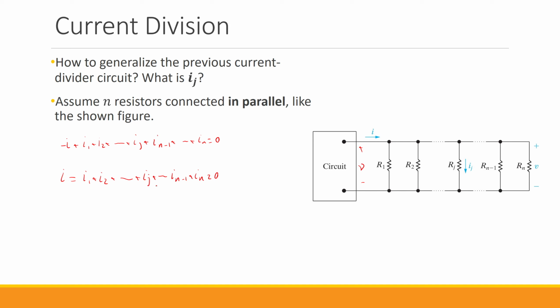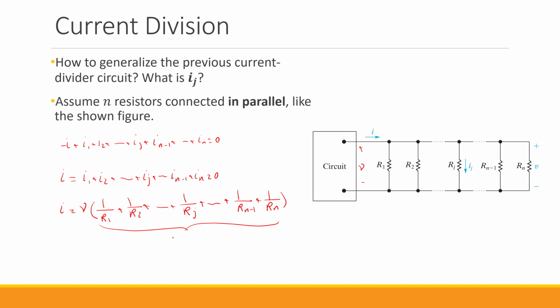So what are these individual currents? Since the voltage across them is all the same, I becomes V multiplied by 1 over R1 plus 1 over R2 plus all the way to 1 over Rj plus all the way to 1 over Rn minus 1 plus 1 over Rn.